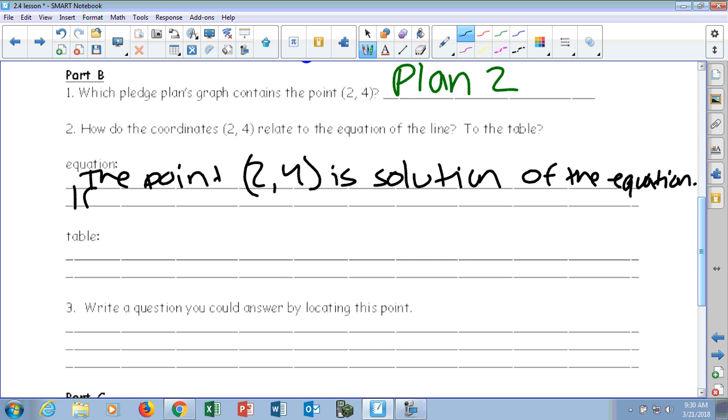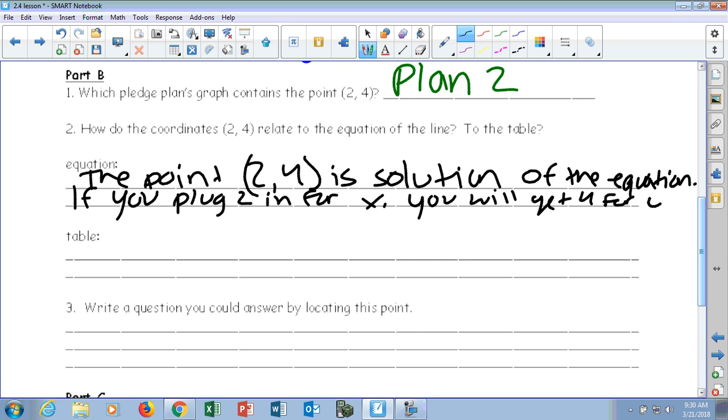So to show that, if you plug 2 in for x, you can solve what your y is, and you will get 4 for y. That's in our plan 2.